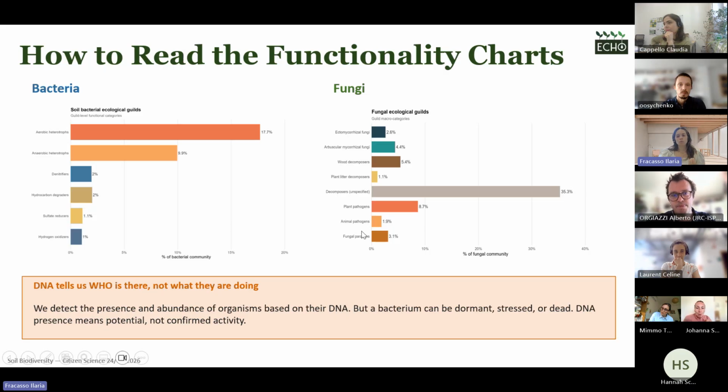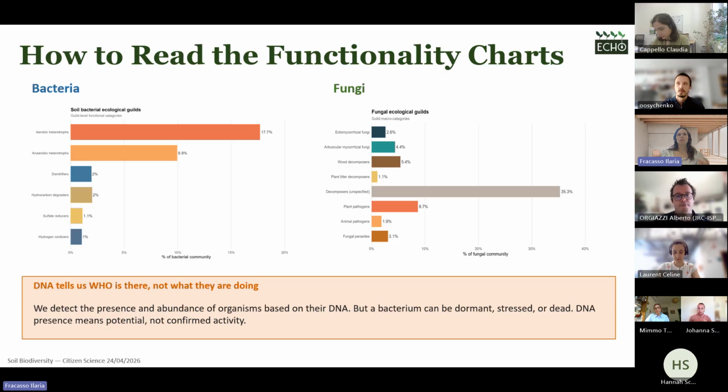What I would also like to underline regarding this graph, specifically for fungi, is that you may find something like plant pathogens and animal pathogens, but you don't have to worry about this data, because they don't mean that your soil is dangerous. The detection of a specific function cannot be directly related to the presence of a disease.